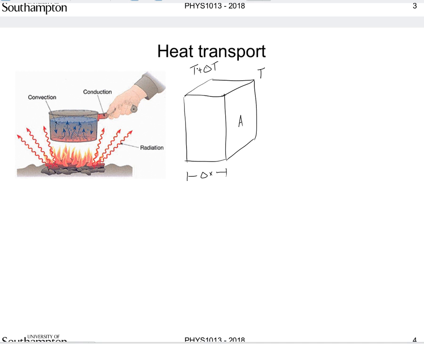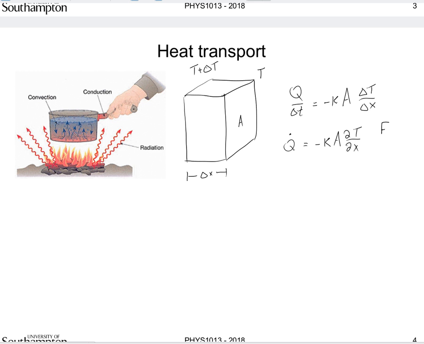So the idea is, in this case, you would say the heat transferred per unit time is minus kappa A times delta T over delta x. Or I can write it again the way I wrote it before, like this.